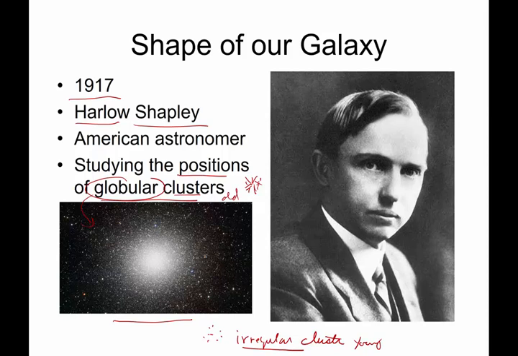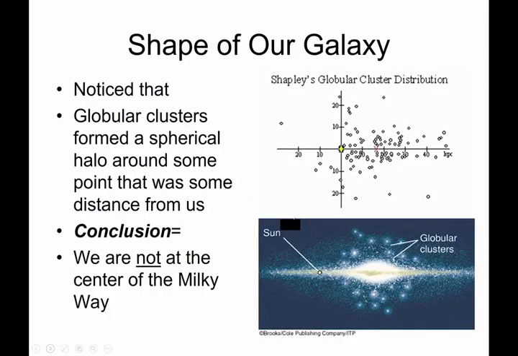But anyhow, this all goes back to Harlow Shapley. Shapley was looking at the positions of globular clusters. And what he found was this: if this little yellow dot is an indicator of where we are, and Shapley started studying where the globular clusters were, he found that they were not centered around us.